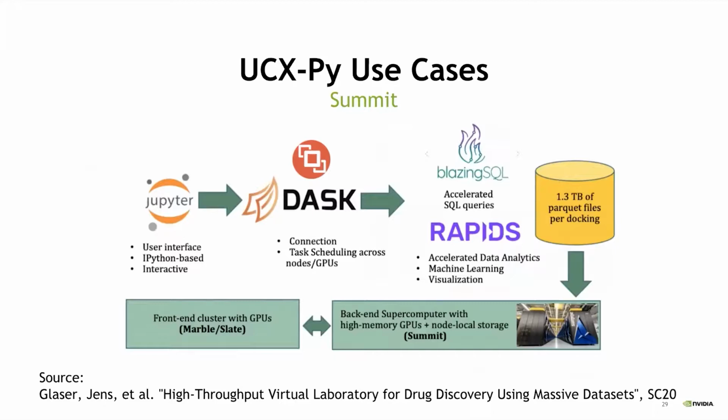And finally, Dask is basically scheduling work on Blazing SQL. We'll have a talk, I believe, on day 3 about Blazing SQL, so there will be much more detail there. And also with RAPIDS for data analytics, machine learning, and visualization. This is generating over 1.3 terabytes of data on that COVID-19 workflow.